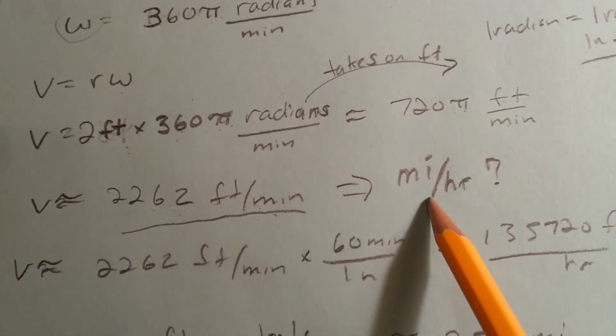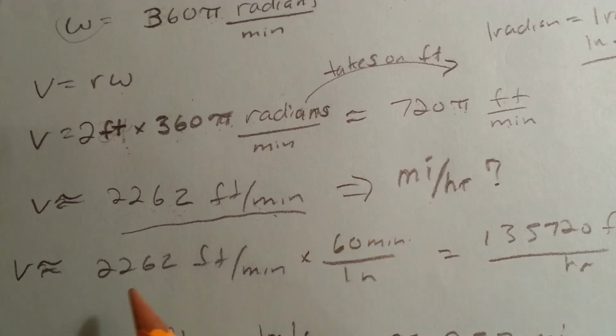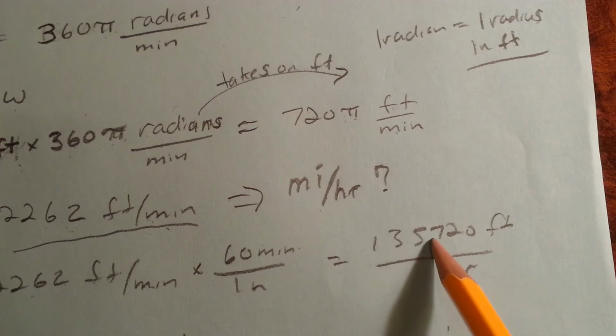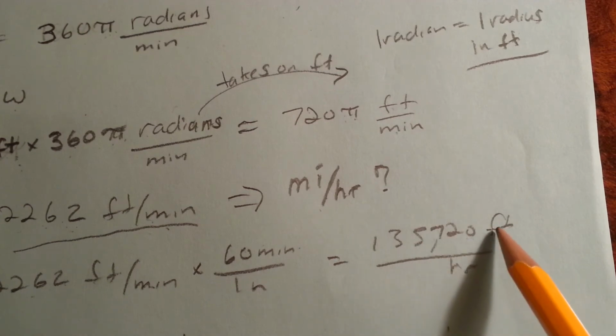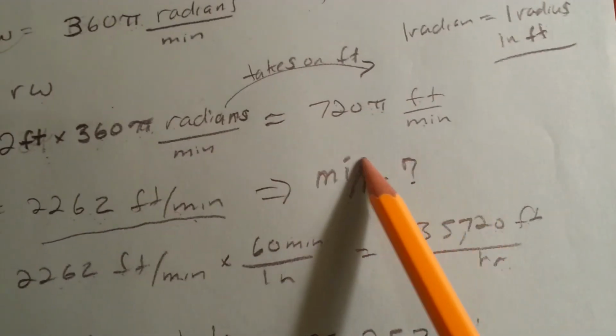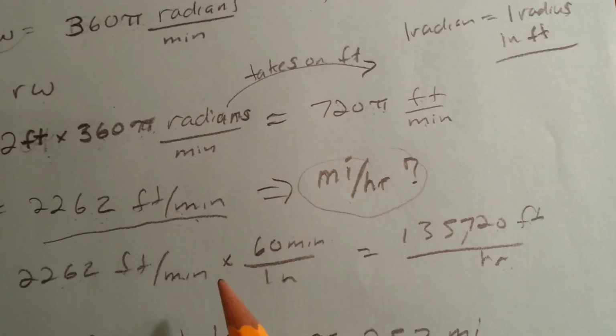What if we want miles per hour? Just another conversion. Instead of 2262 feet per minute, I multiply by what? 60 minutes in an hour. And that gives me a whopping number of 135,720 feet per hour. But I want miles per hour, so I have one more conversion.